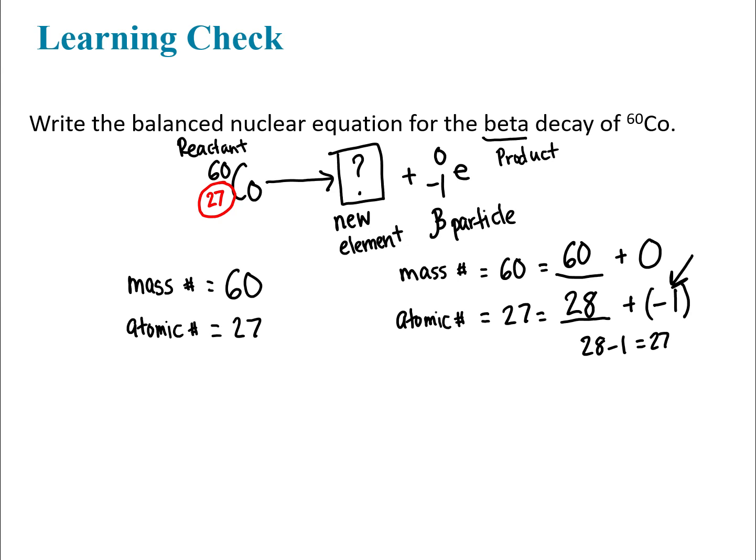We're not quite done yet. We know the mass number and the atomic number, but we can't write an atomic symbol just yet. We're missing the identity of the element. What piece of information do we use to figure out the identity of the new element that we formed?